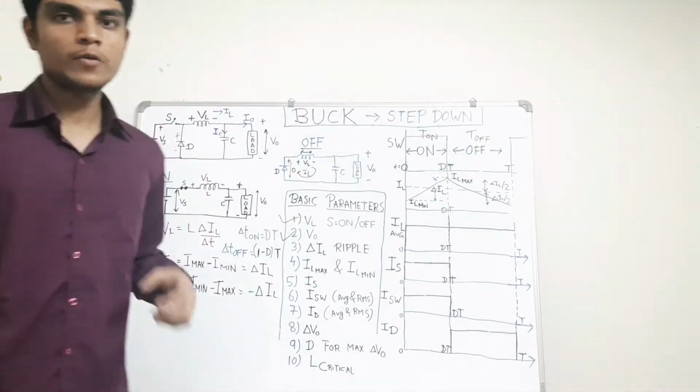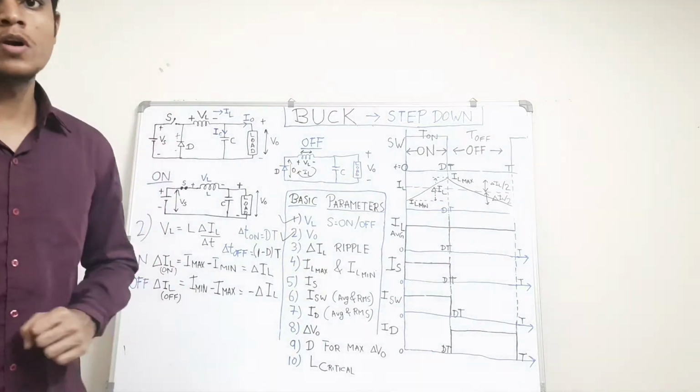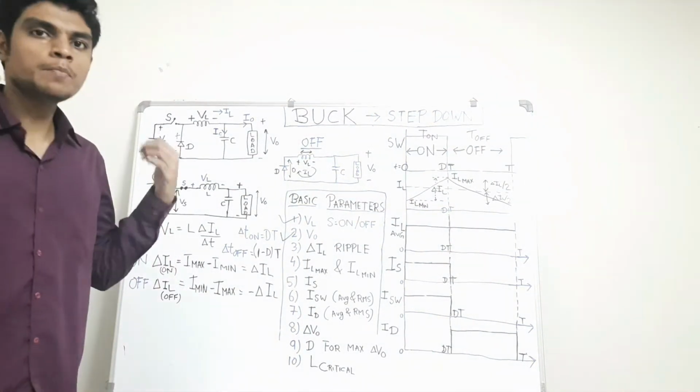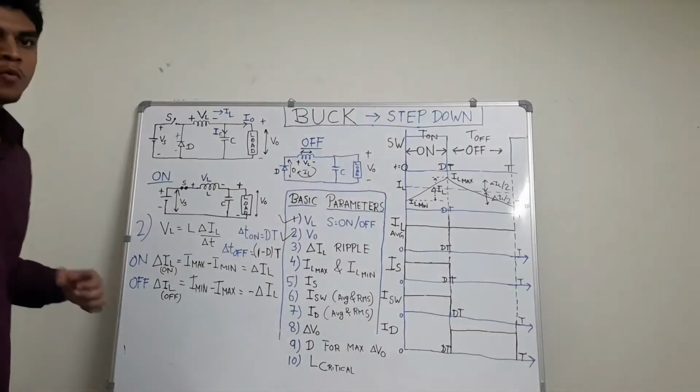Friends, let's start with the second parameter, that is V0, the output voltage, in terms of the input voltage Vs. So how will we derive it?